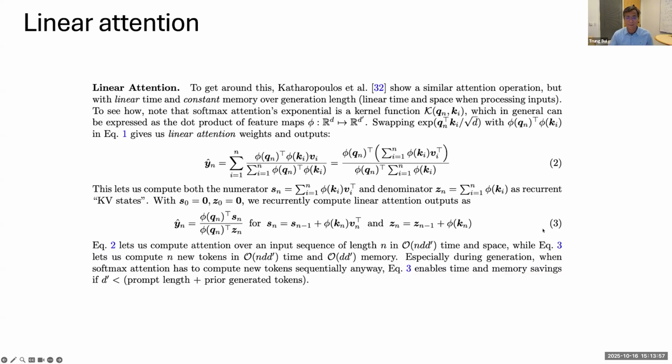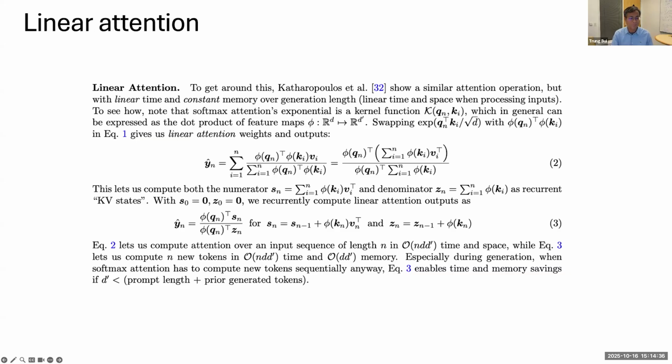This is basically done by swapping the exponential function here with a phi function, and based on that we can recursively compute the linear attention outputs during inference. With that, when we compute a new token, we can significantly reduce the inference time and memory as well.